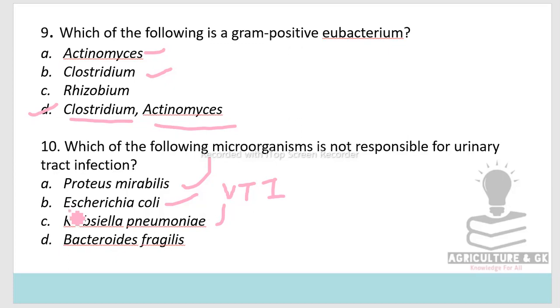E. coli is a common disease causing organism. It causes diarrhea as well, UTI also, nausea and other diseases also. So what's left? Bacteroides fragilis. This doesn't play a role in causing UTI. So our answer will be option D. Bacteroides fragilis.